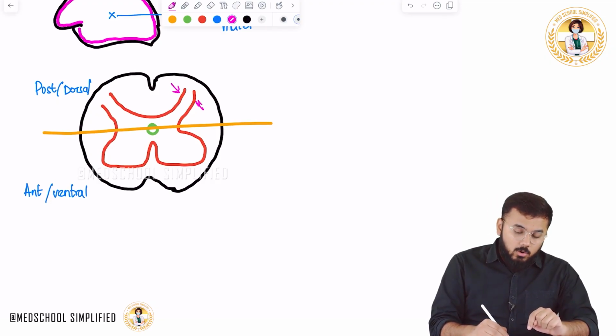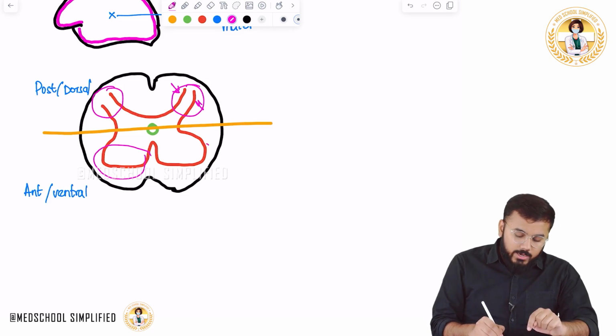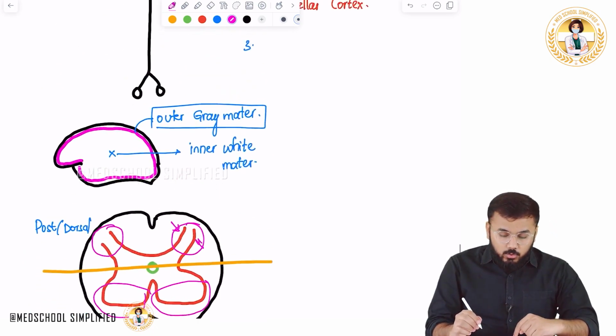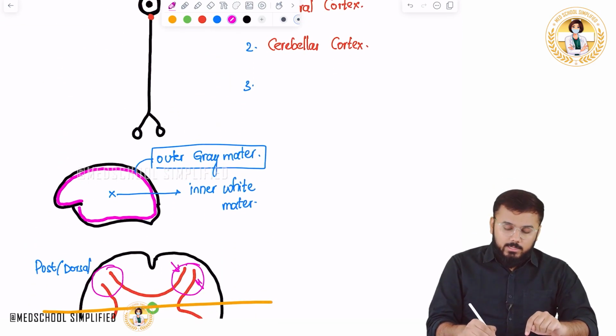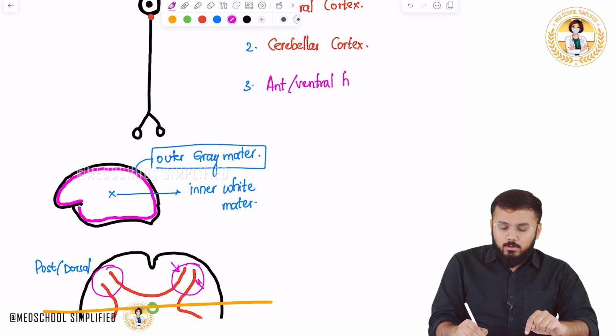These horns are called dorsal horns. On the right side we have one, on the left side we have one. And here these two are called ventral horns of your spinal cord. So the third important thing is the anterior or ventral horn of the spinal cord.